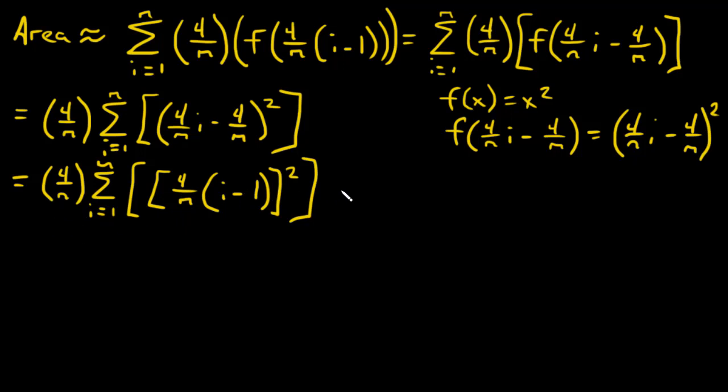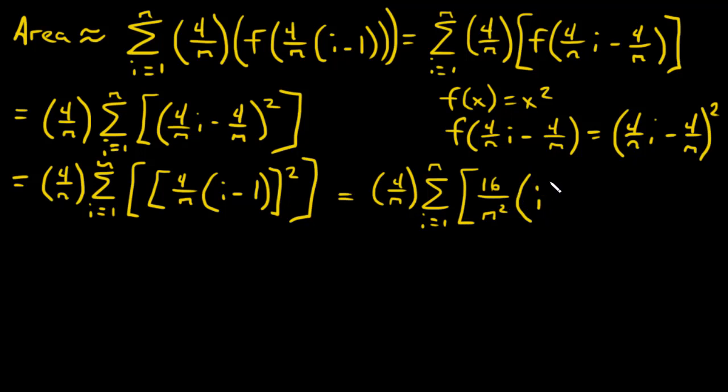So what I can do now is say that's equal to 4 over n summation I from 1 to n of, here we go, bracket. This piece is going to be 16 over n squared when it gets squared, right? So this is going to be 16 over n squared times I minus 1 squared. So what is I minus 1 squared?